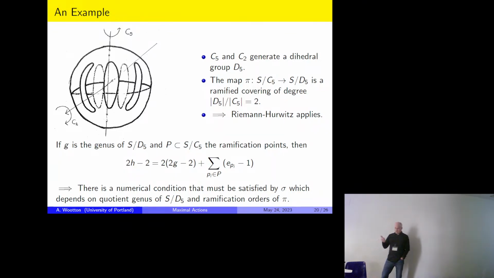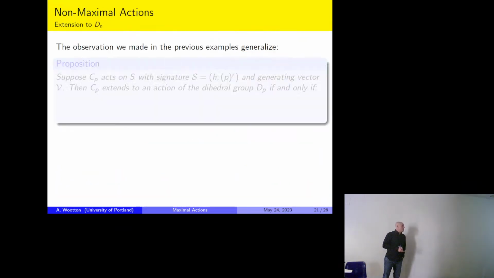If there's some finite supergroup, there's going to be some form of symmetry in the generating vector, and there's got to be some additional numerical condition that's guaranteed to be satisfied. And if neither of those two things happen, then we have a chance that this thing is going to be finitely maximal.